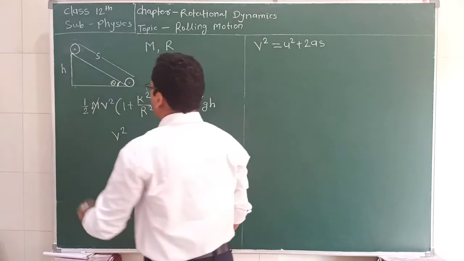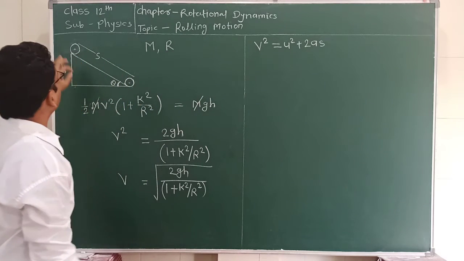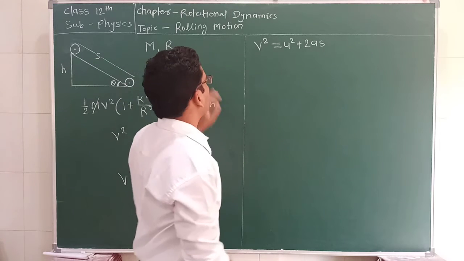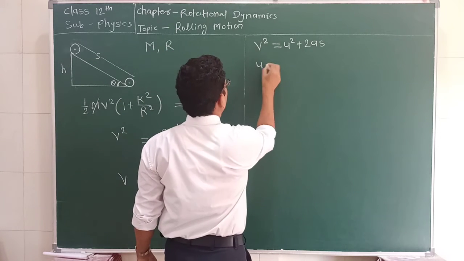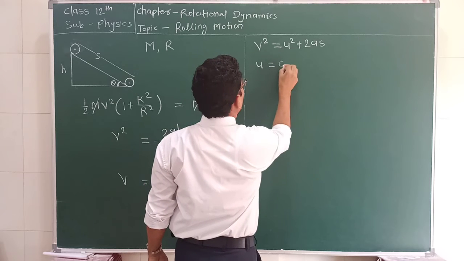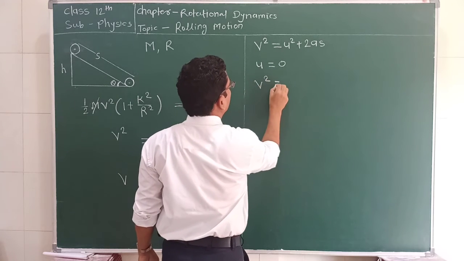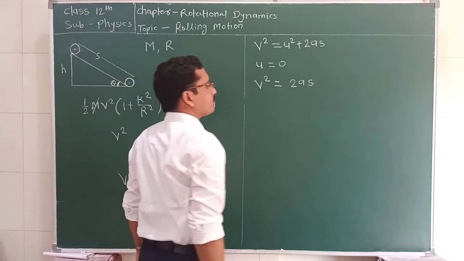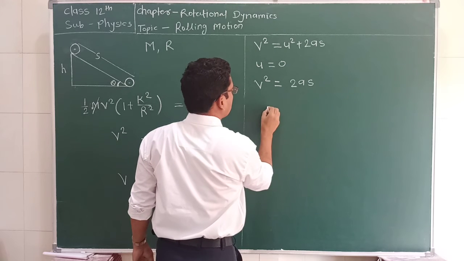Now, as we see, the initial velocity of this ring is equal to 0, because at the top position the ring is considered stationary. Therefore, we can put u = 0, and write v² = 2as. Now we have to calculate the relation for a.